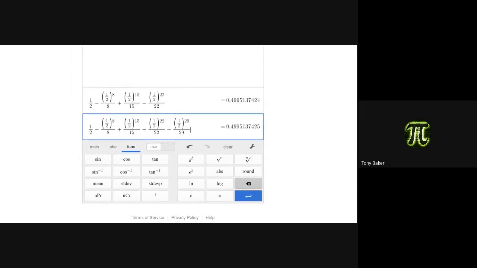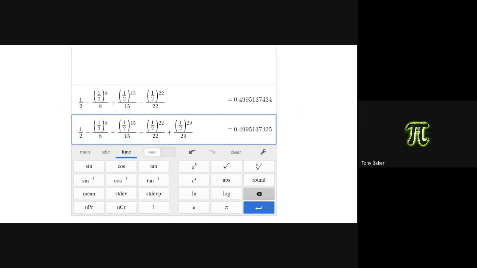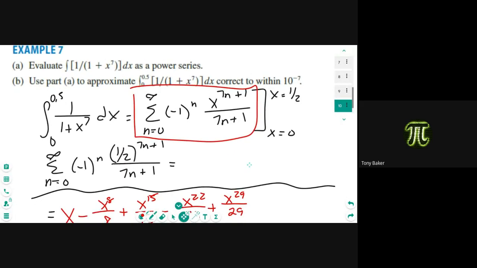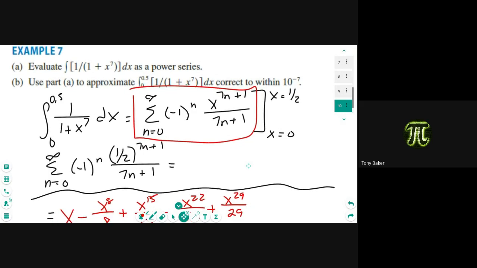In this case, we only had to go 4 n's to get the actual answer. So you can see how we used a series to approximate an integral that we couldn't do. The name of this series is the power series. These are applications of the power series.